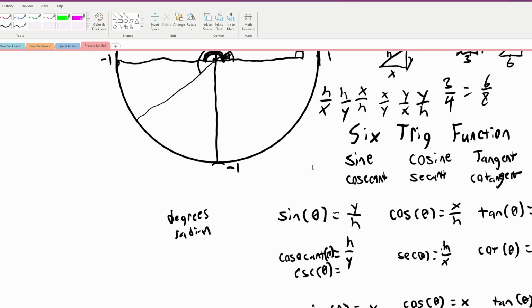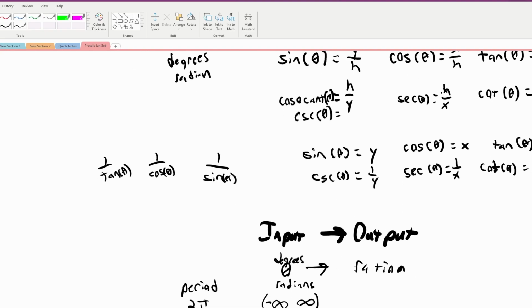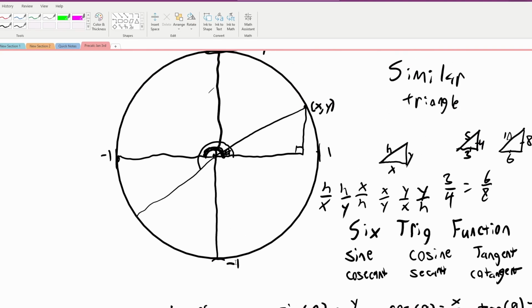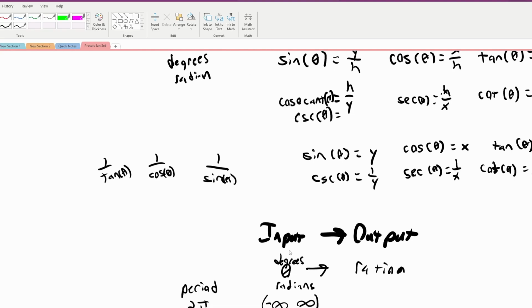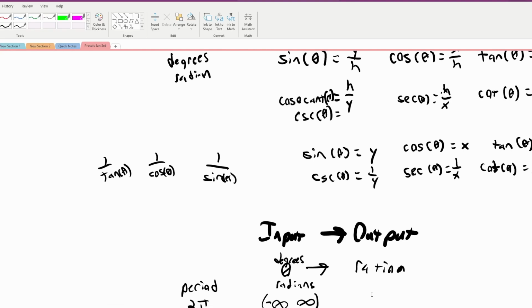So when we're talking about the domain and range of these trig functions, it depends on these restrictions of our x and y. So for example, sine is all the y values, and we said that sine can only give out values between -1 and 1 because that is the actual y values possible on the unit circle.